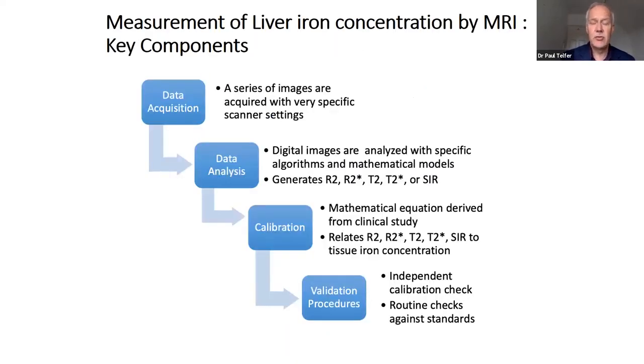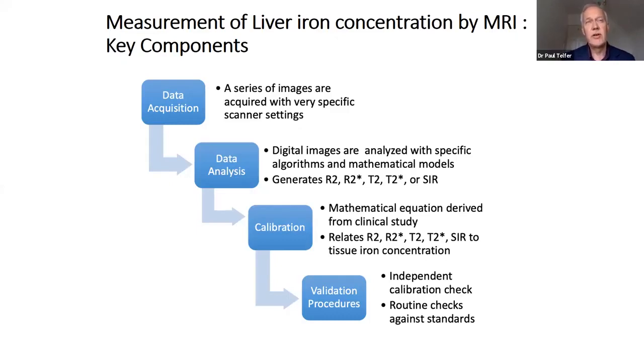We'll move on now to measuring iron in the liver by MRI. And the reason why this is important is because, first of all, the liver is a site of iron toxicity. As you know, there's a risk over time of developing cirrhosis and hepatocellular carcinoma as a complication of liver iron overload.